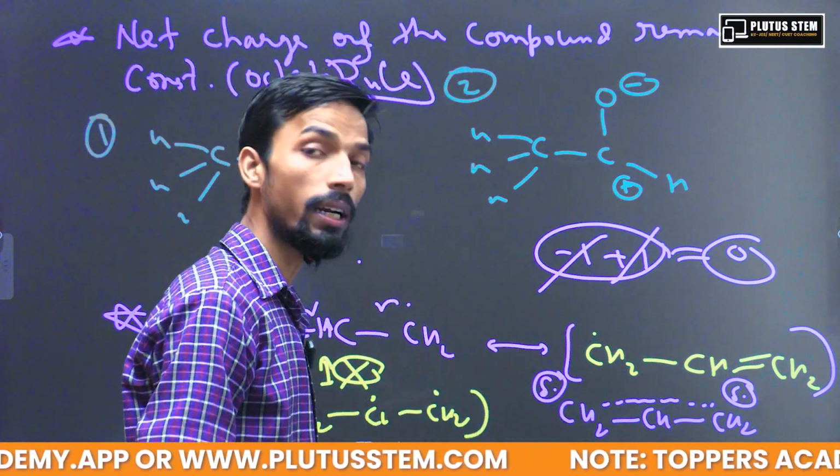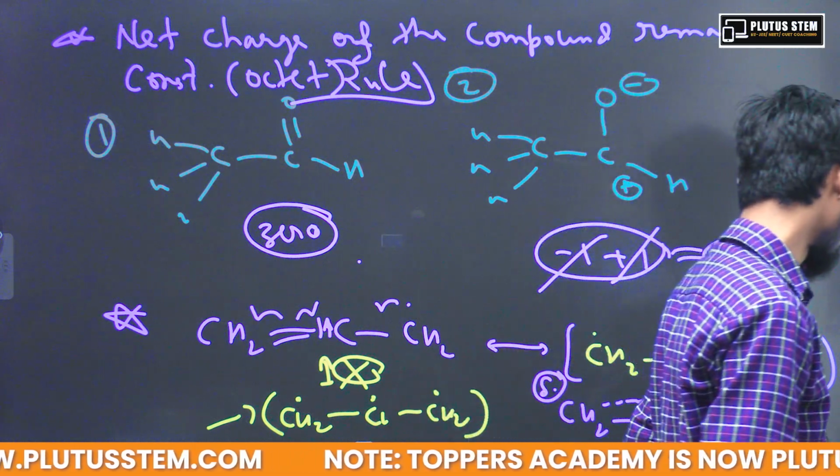That's why they will only be tetravalent. All the second period elements are going to be tetravalent. If by rotating the electrons we are making them pentavalent, that is not accepted in the formation of a resonating structure.